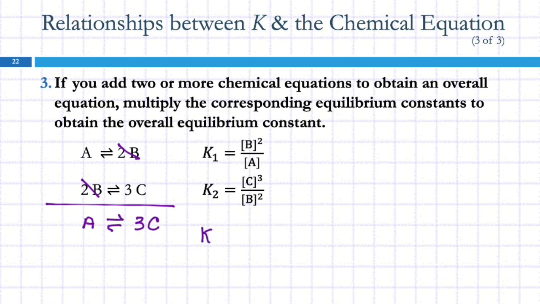So let's call that K3, and that would be C cubed over A. And that should equal K1 times K2.